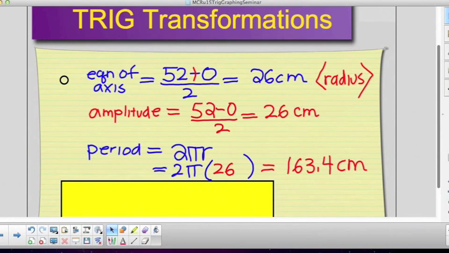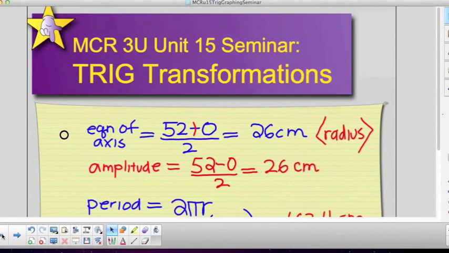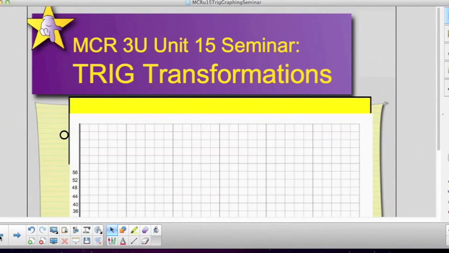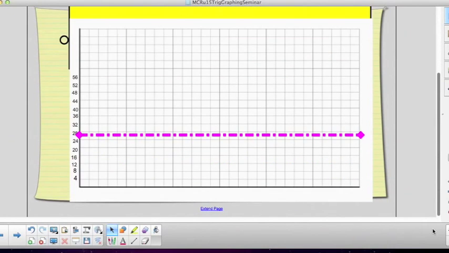Now, I'm going to use the period information to figure out what my x-coordinates are going to be. If we look at the graph, and this is where I want you to pay attention, I've put my axis right about at 26 centimeters. I'm starting at 0. I have to plot out my 5 key points.